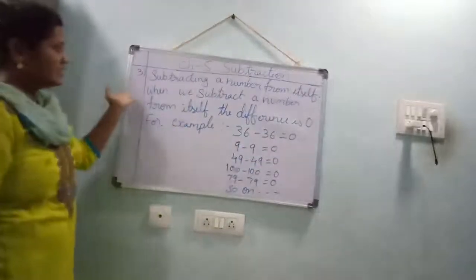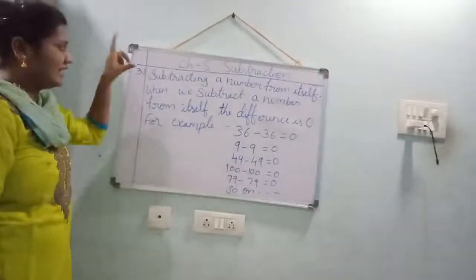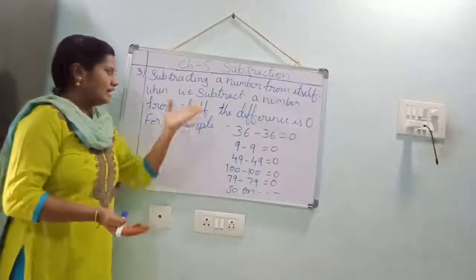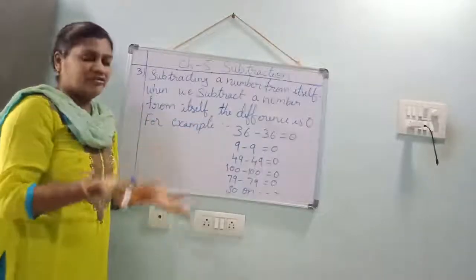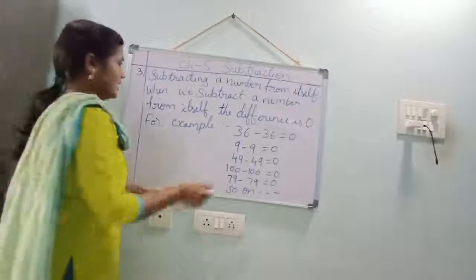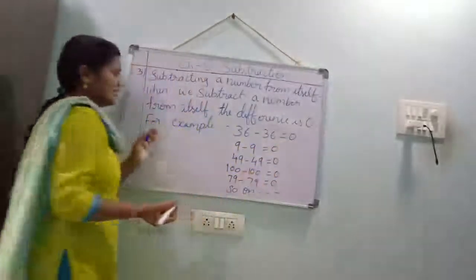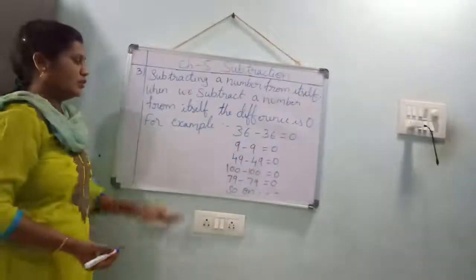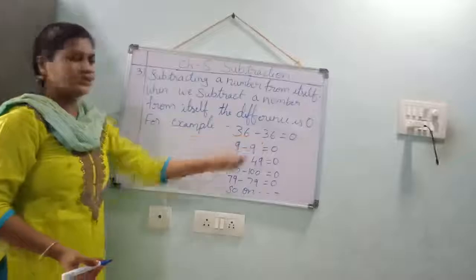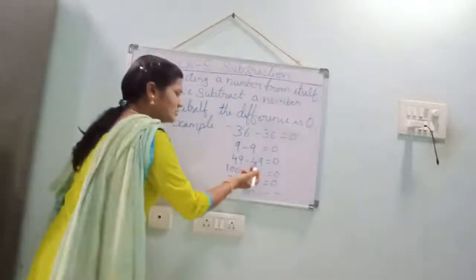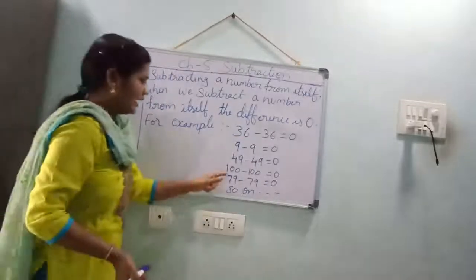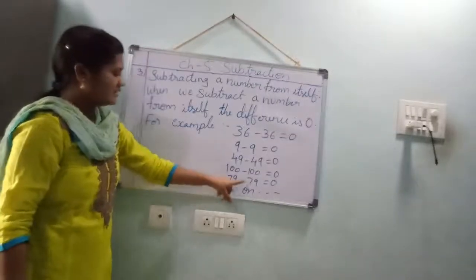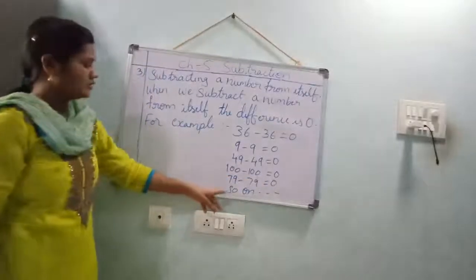For example, 36 minus 36 is equal to 0. 9 minus 9 is 0. 49 minus 49 is 0. 100 minus 100 is 0. 79 minus 79 is 0, and so on.